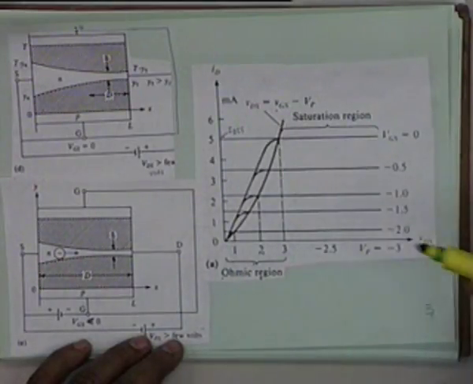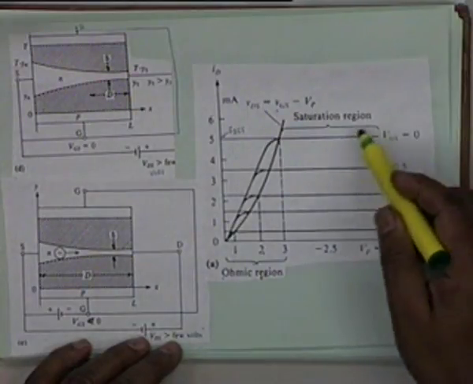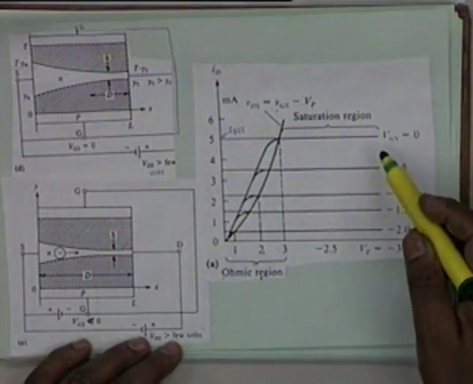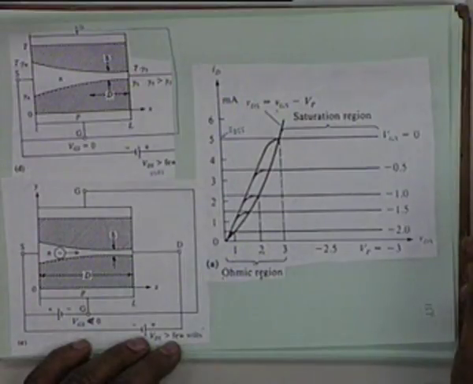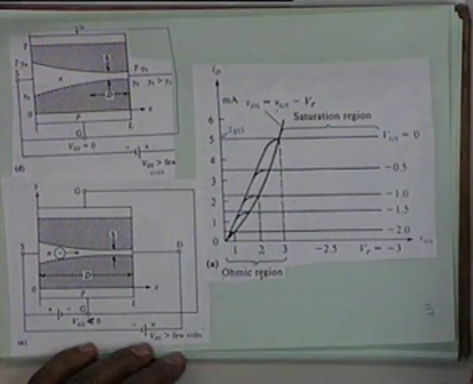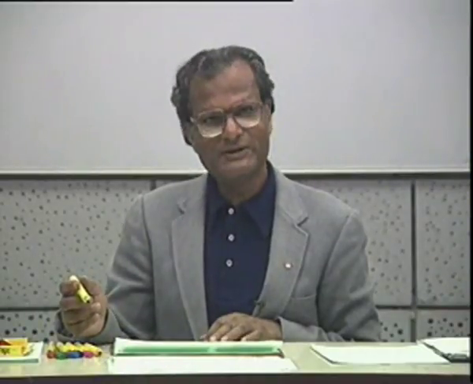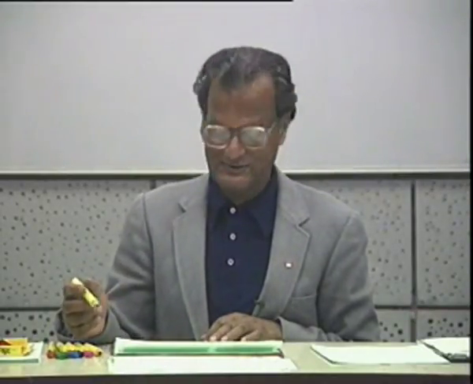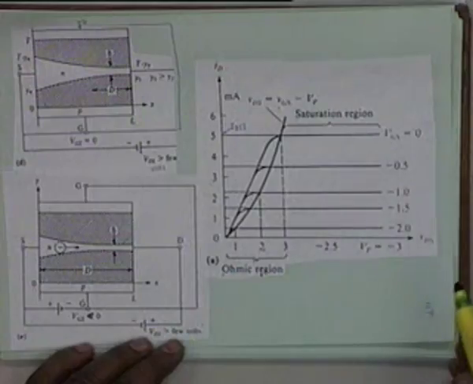You see the separation between these lines, and therefore FET is a nonlinear device. Even in the active region there would be non-linearities. Linear amplification is more convenient to do with BJTs rather than FETs, because the separations are not at equal intervals.